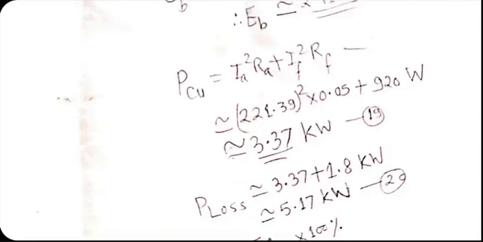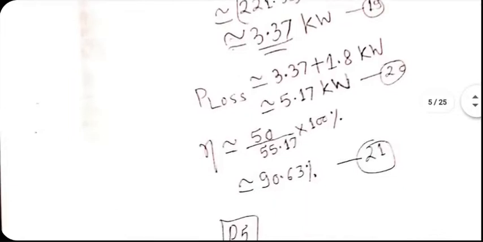So we will assume 1.8 kilowatt mechanical loss even in part B. So it would become 3.37 plus 1.8 kilowatt, 5.17 kilowatt. And then of course you take output power 50 kilowatt, input power 50 kilowatt plus 5.17 kilowatt.